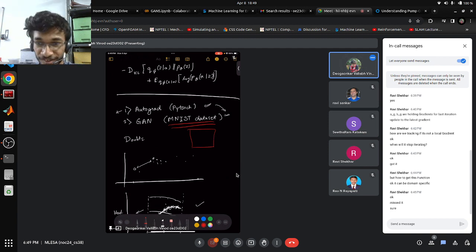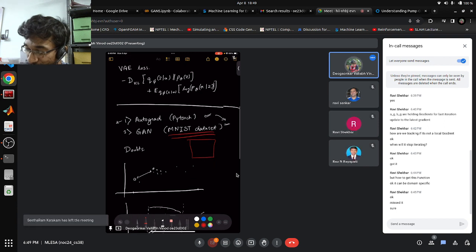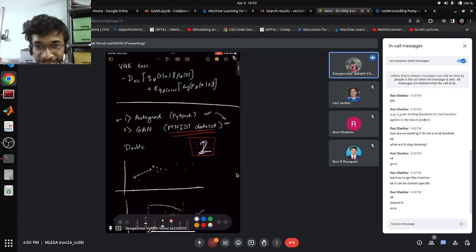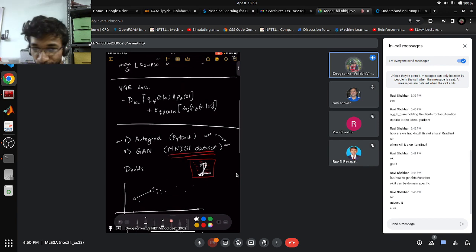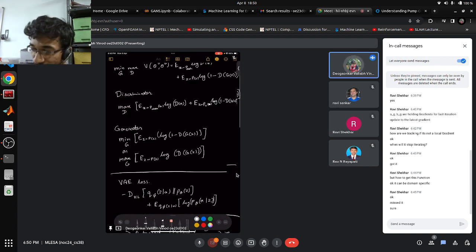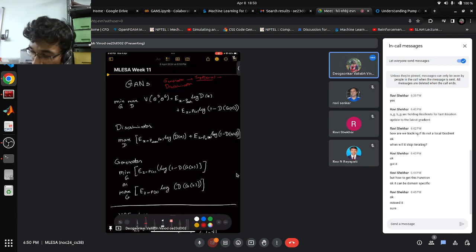The network needs to learn, from some random noise, how to create something that looks like a number, like a 1 or 2. It has to light up only those pixels which make it look like a number. That mapping from noise to a desired output is what your generator needs to learn. So I will put here a desired image.